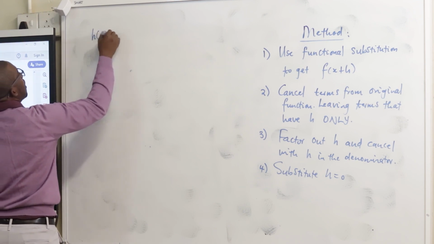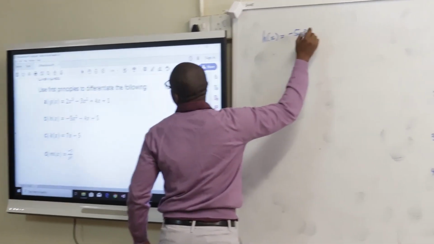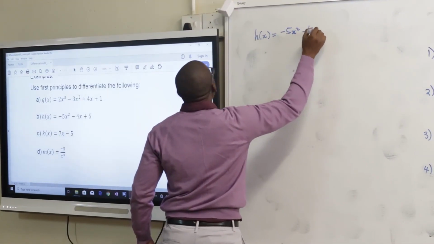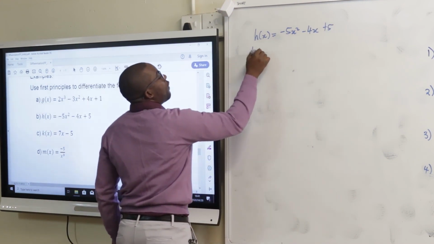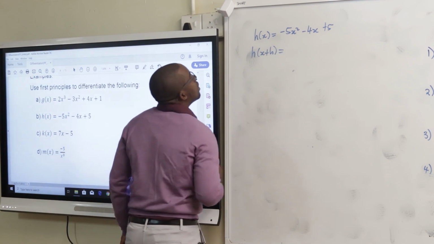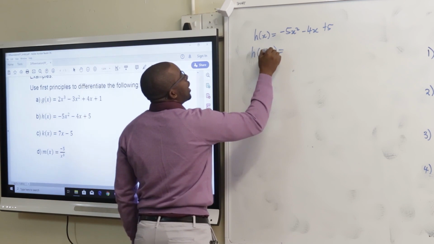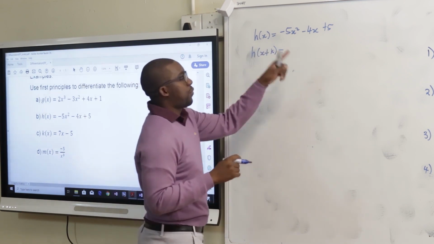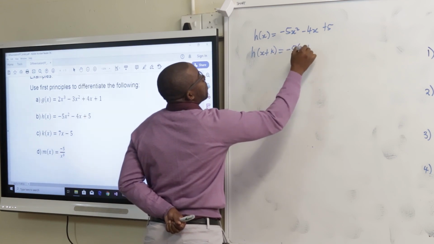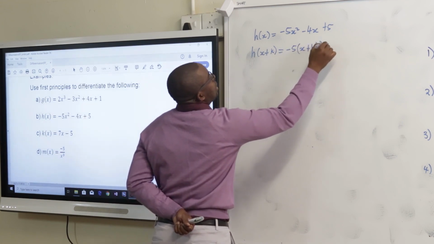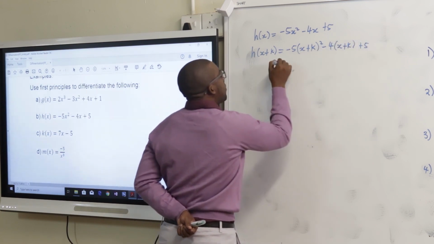h of x is equal to minus 5x squared minus 4x plus 5. h of x plus h, let me not say plus h, let's say plus k, because of the double h there. This is going to be minus 5 times (x plus k) squared minus 4 times (x plus k) plus 5.